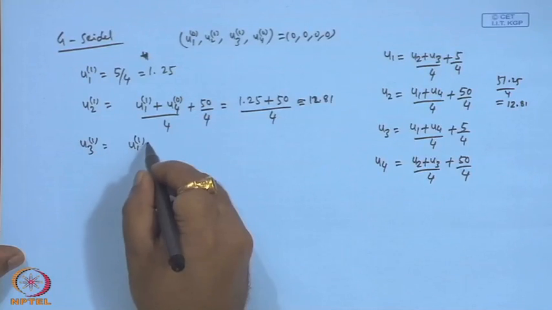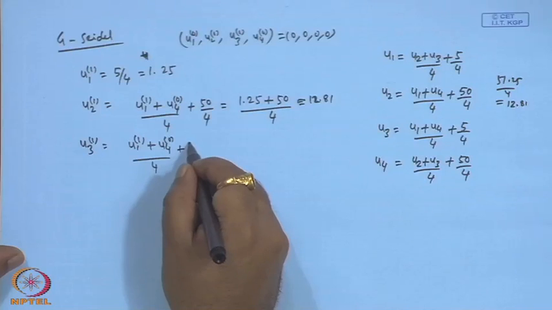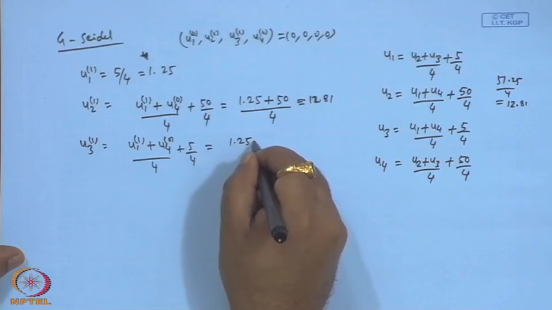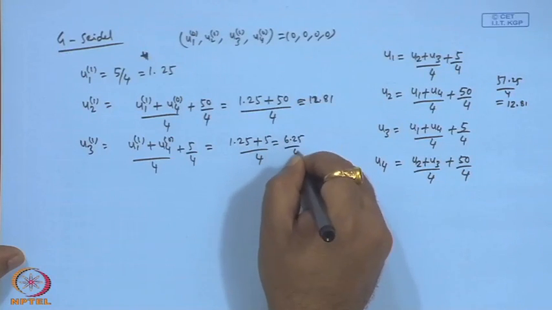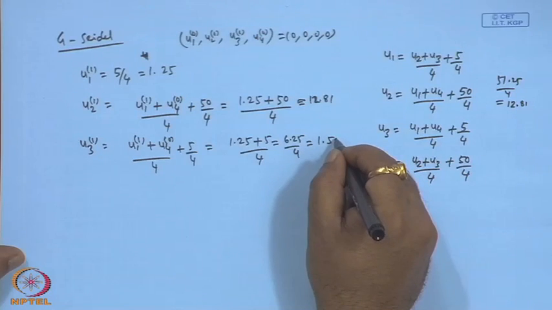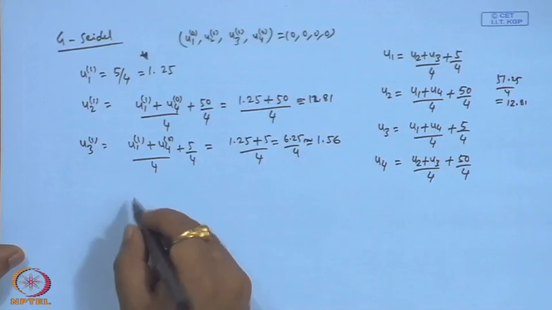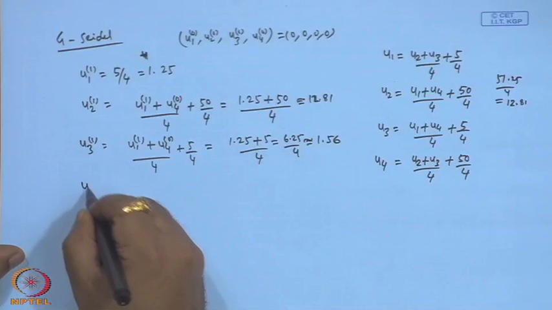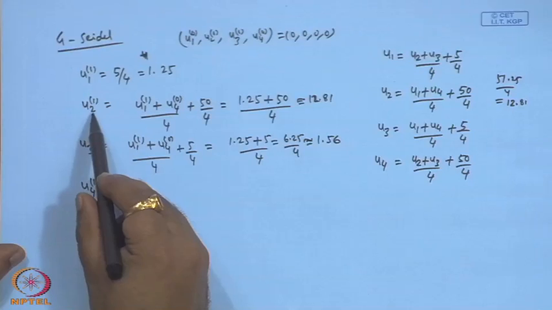Then u 3 1, you can see we have computed. So, this also latest value we have to take. So, this would be, okay. So, roughly this, then u 4 1. So, we have computed u 2 1 and u 3 1.